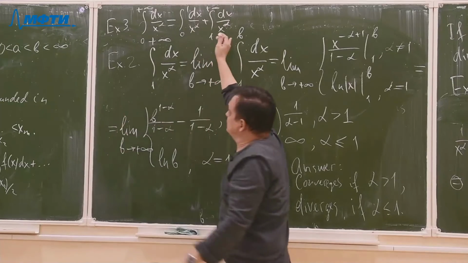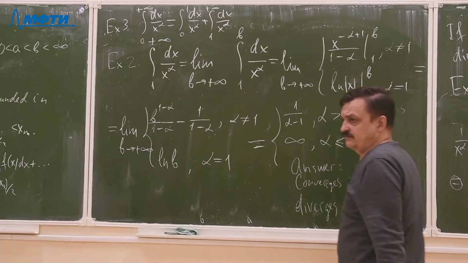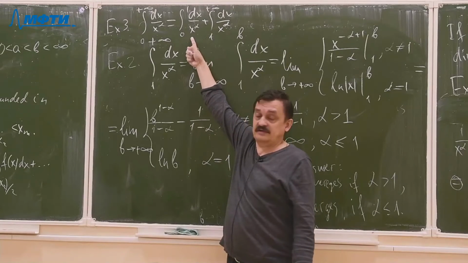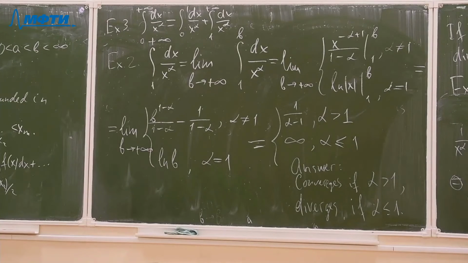In fact, you can choose another point, not necessarily 1, just 2, 3, doesn't matter, some point between 0 and infinity. Now look, the first integral converges only for alpha less than 1, right?